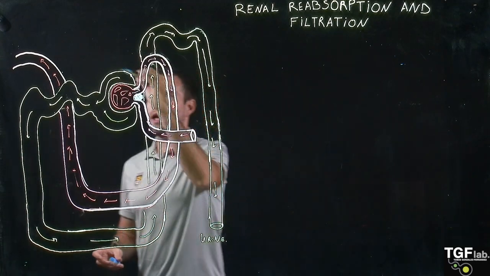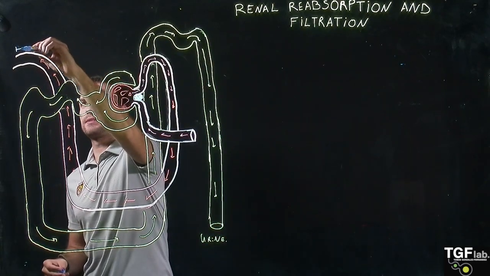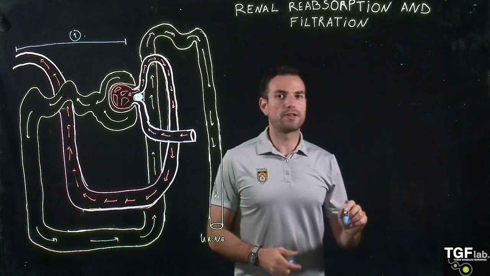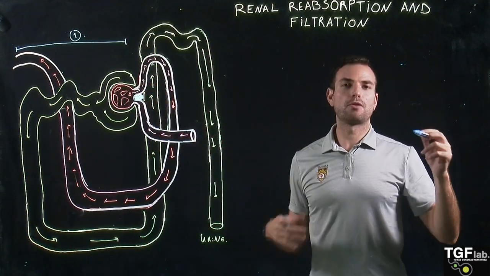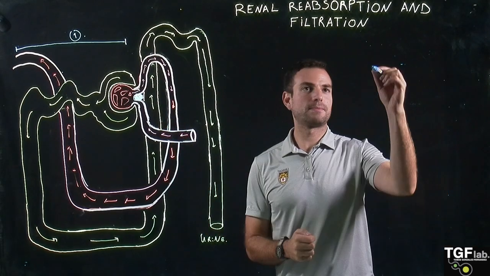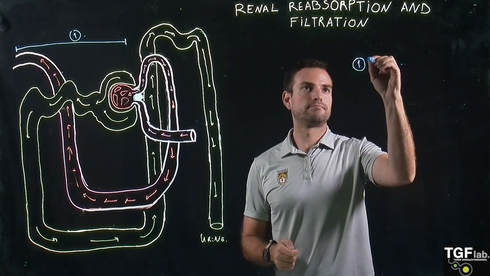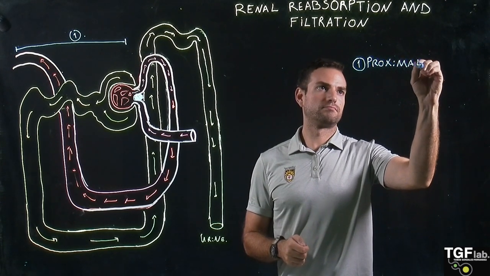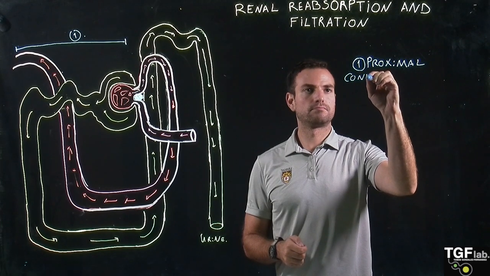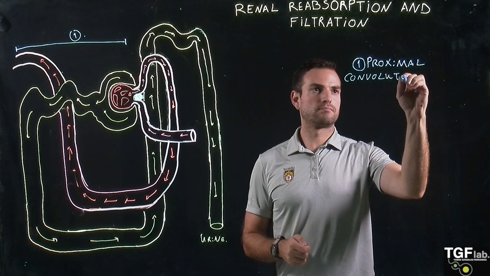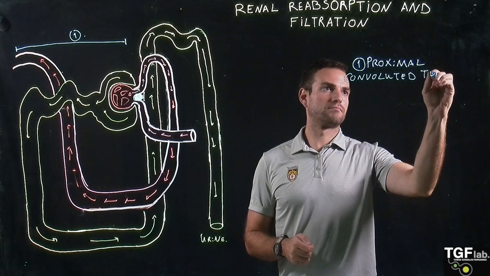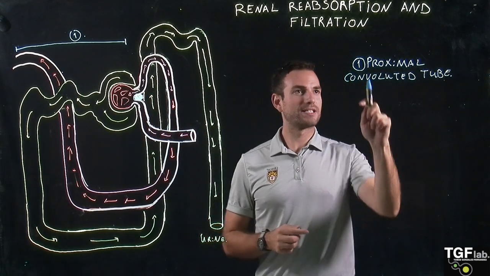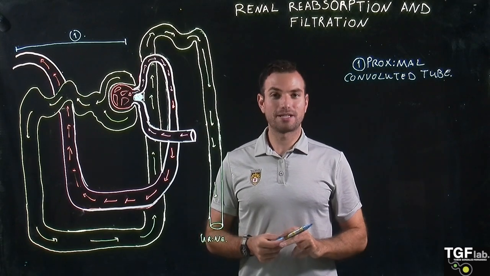First of all, we have this first section here, which is closer to the glomerulus, and that's why it's called the proximal. So this section that is closer to the glomerulus is called the proximal convoluted tube.